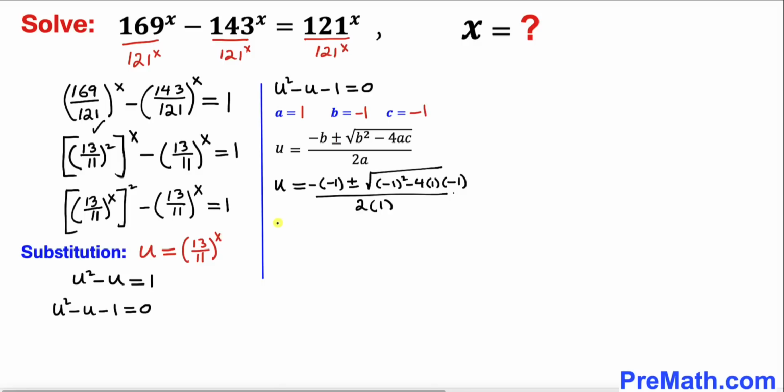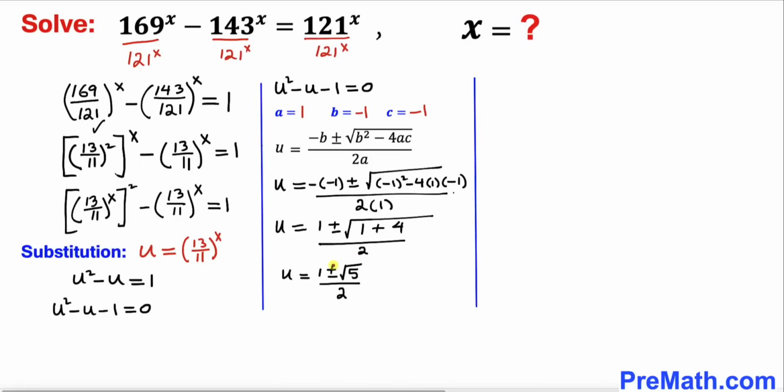Let's simplify it further. So u equals 1 plus or minus the square root of, inside this square root, 1 plus 4, everything divided by 2. So u is going to become simply (1 plus or minus square root of 5) divided by 2.